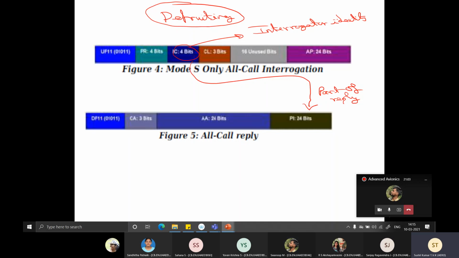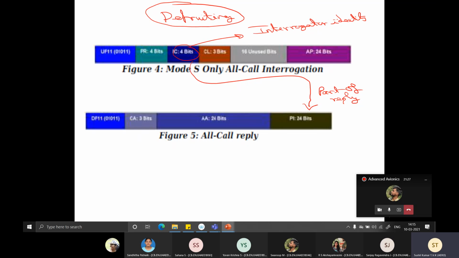Okay. Now, defruiting. When we talked about fruiting, you're interrogating in a normal mode C scenario. You're interrogating an aircraft, your ground station, I mean, and some other ground station is also interrogating.